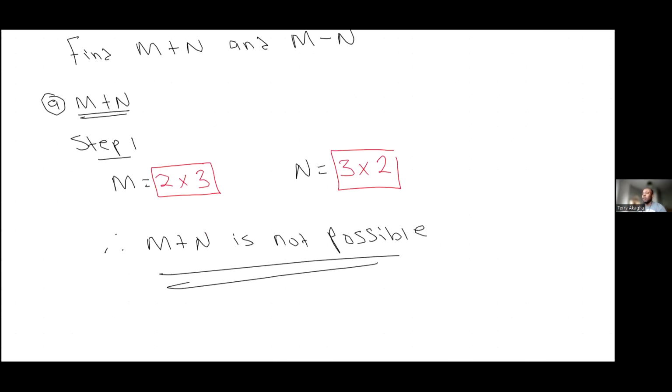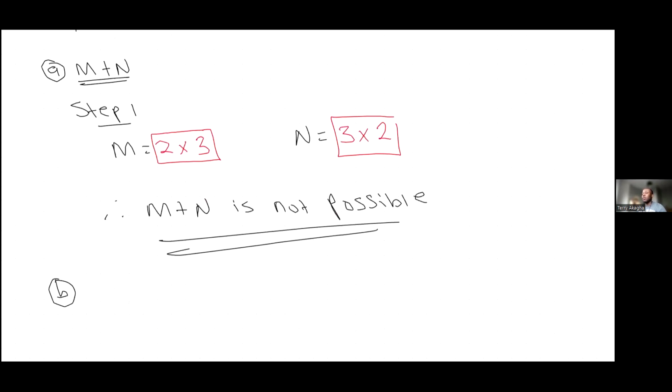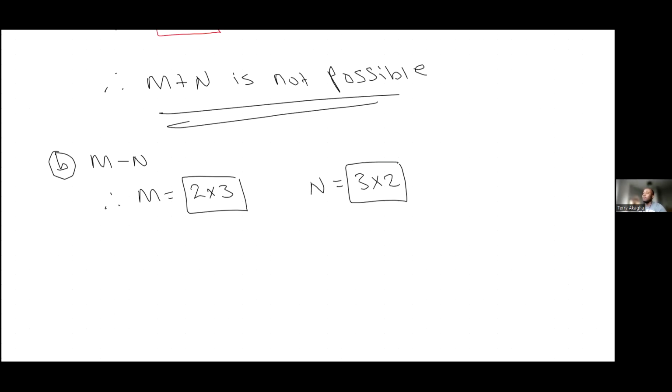Because they are not in the same order, since m is equal to a 2 by 3, and n is equal to a 3 by 2, therefore m minus n is not what? It's not possible. And that's the answer for that.